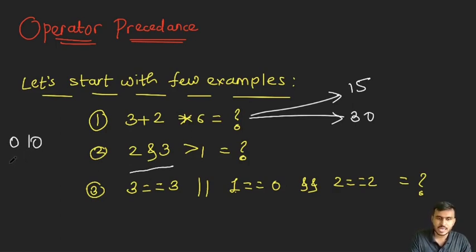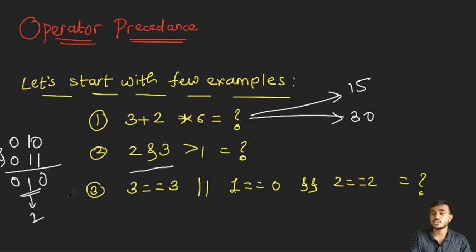Let's convert 3 into binary. 3 in binary is 0 1 1, and then we have to perform the AND operation. So 0 and 0 is 0, 1 and 1 is 1, 0 and 1 is 0. What is the answer in decimal? The answer in decimal is 2. So the answer of this sub expression is 2.